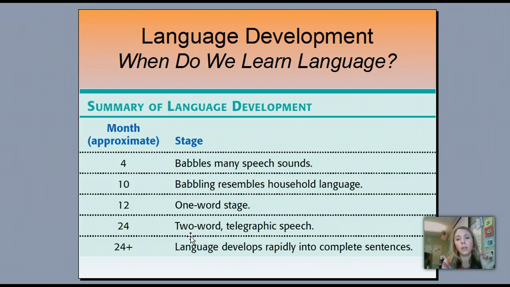And then 24 plus is really this rapid language development where language goes from being two-word telegraphic to complete sentences and really producing language at a much faster rate than they're learning it. So it's an interesting stage where the 2-year-old is able to start putting together sentences that they've never heard before.